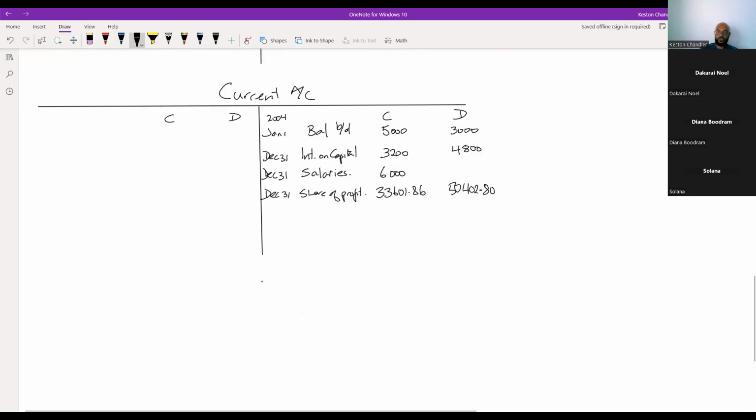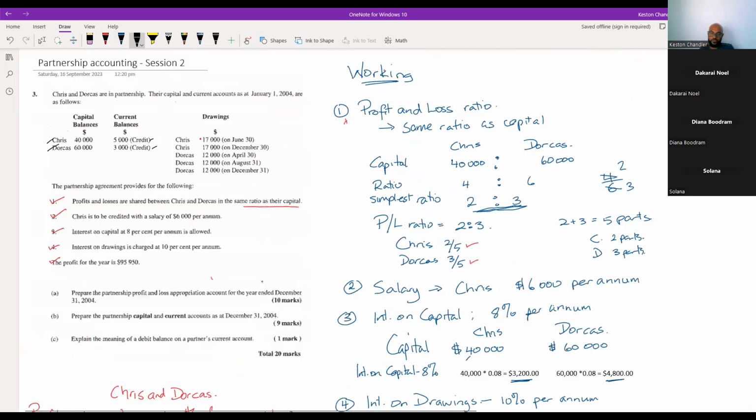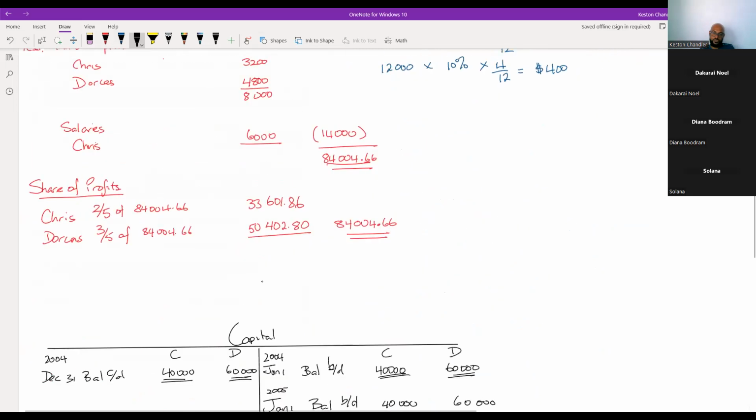So that's my credit side completed. On the debit side, I'm just going to have the drawings and the interest on drawings. We're looking at all the drawings that happened within the reporting period. 17 and 17 for Chris is 34,000.